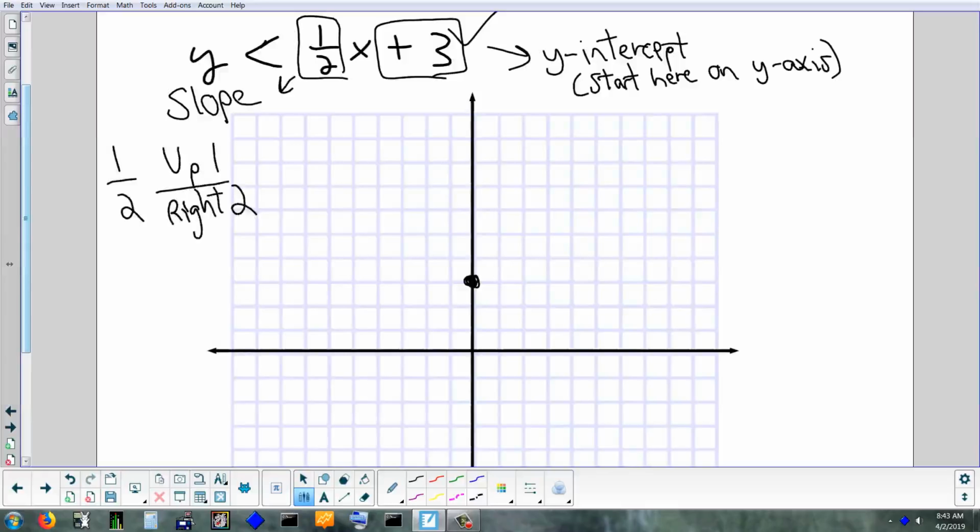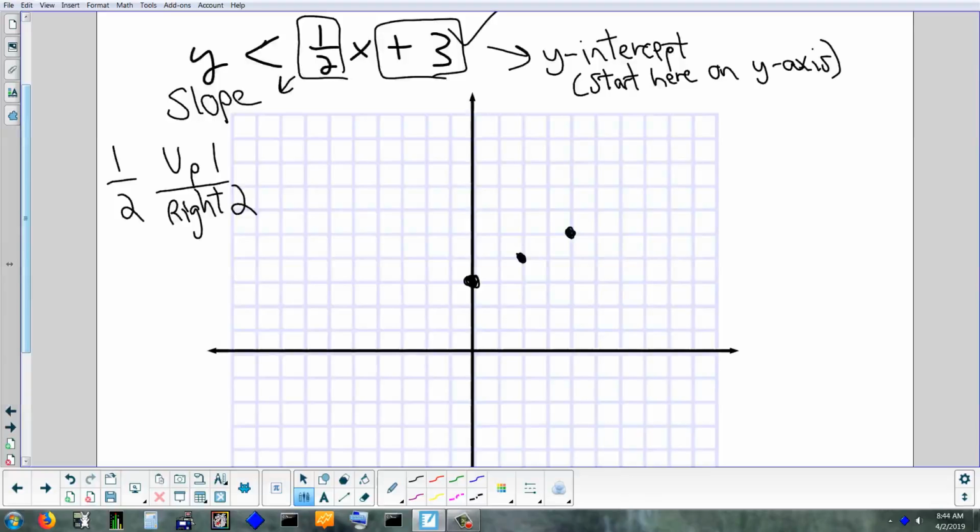So now we're going to go up 1, right 2. Up 1, right 2. If you do it 2 or 3 times, that should be good. So now we graphed it.